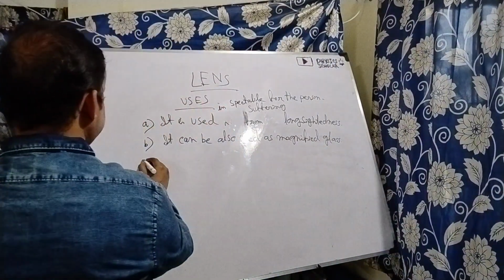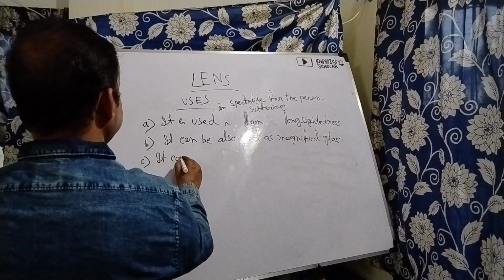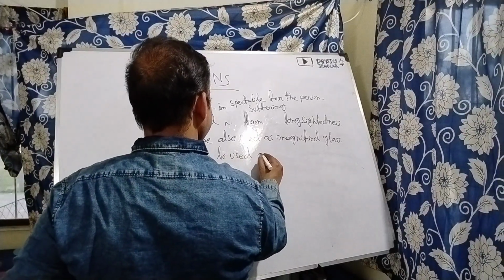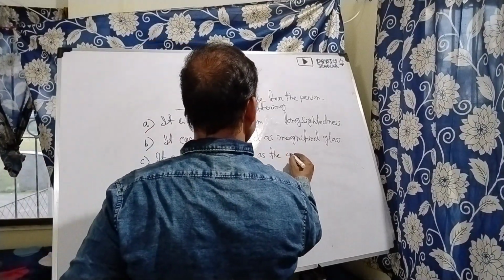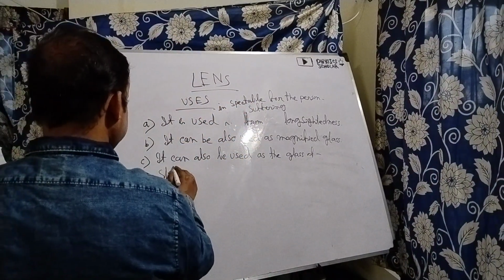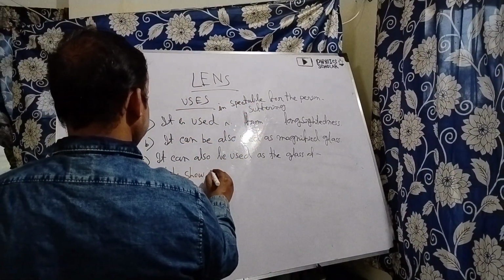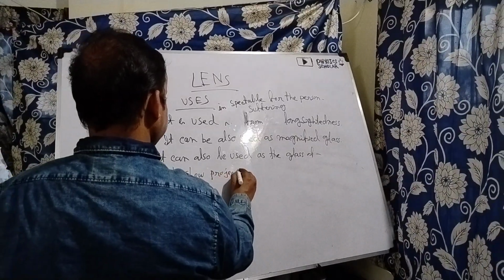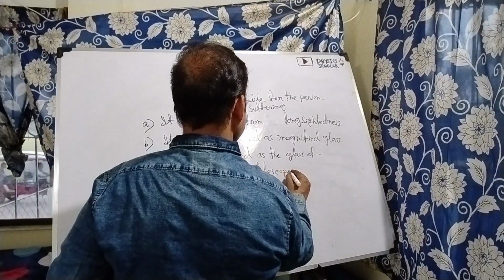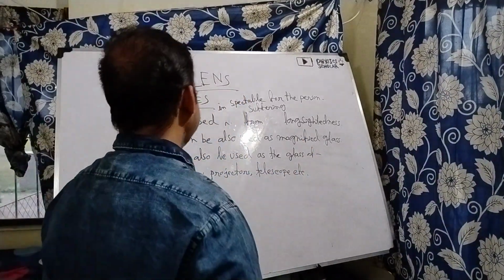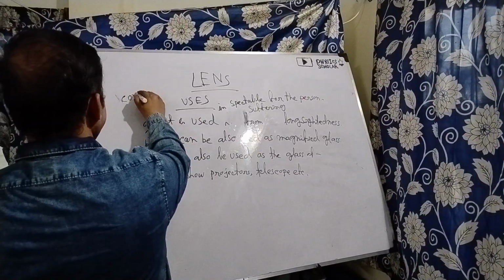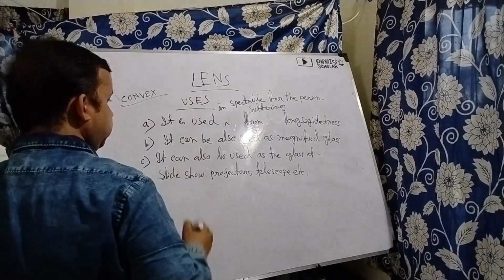Next, it can also be used as the glass of a slideshow projector, telescope, etc. So these all are for the convex lens.